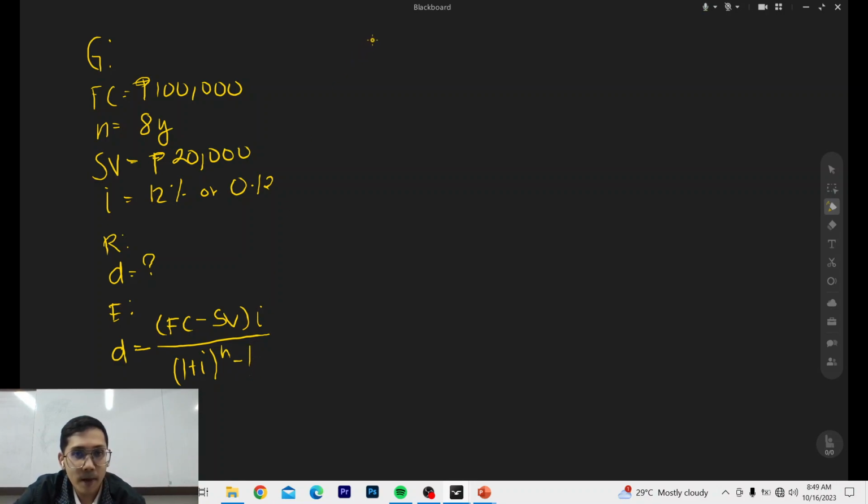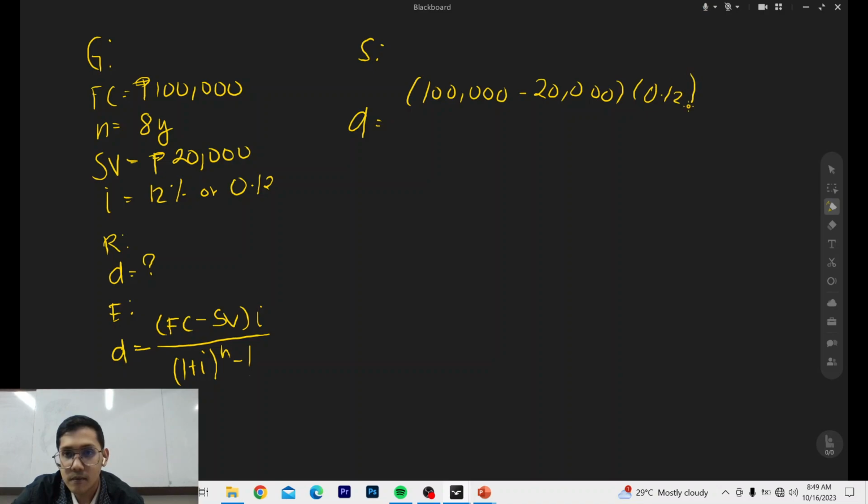Okay? So solution, D is equal to our first cost, 100,000 minus 20,000 times our I, or interest, 0.12 all over 1 plus 0.12 raised to n, which is equal to 8 minus 1.